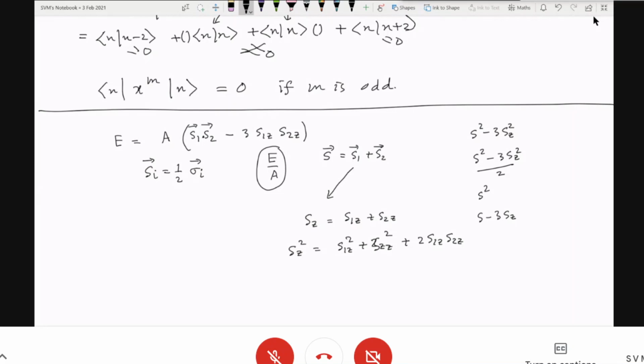So that means S1z S2z can be written as Sz square minus S1z square minus S2z square, divided by 2.